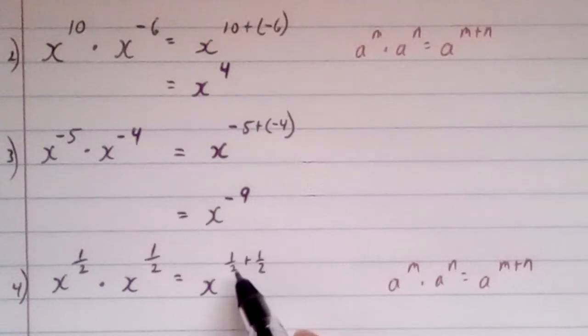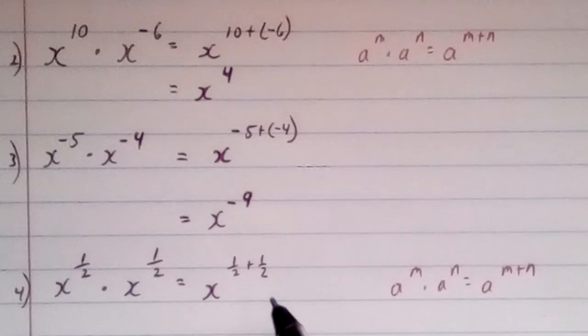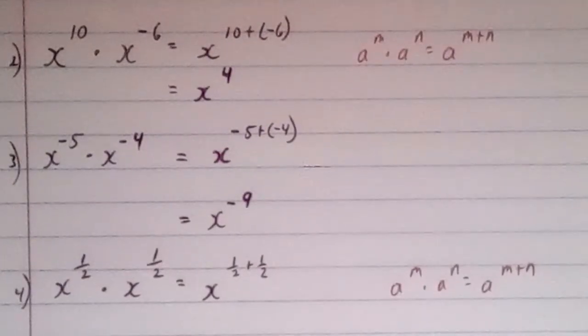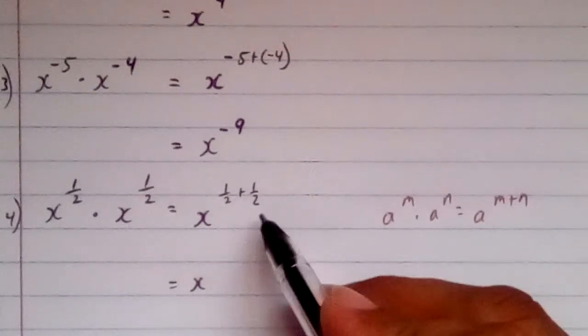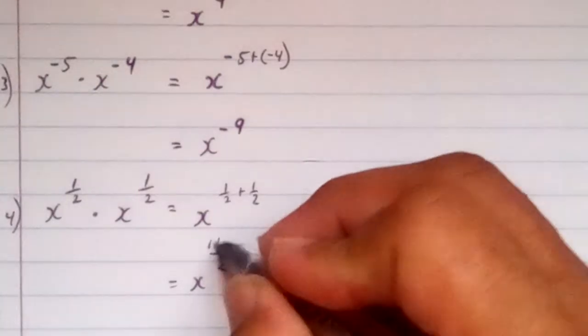If we are adding two fractions and the fractions have like denominators, then we will keep that denominator. So we keep the base, which is x, and since the fractions have like denominators, we keep the denominator and add the two numerators.